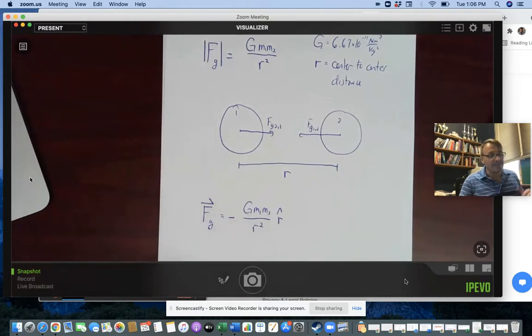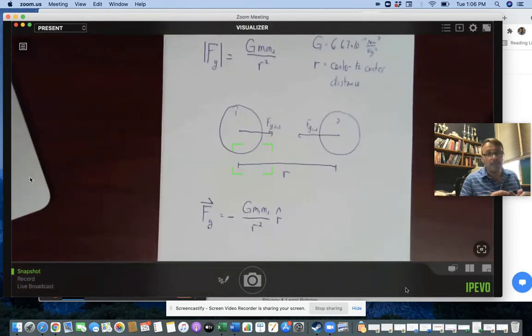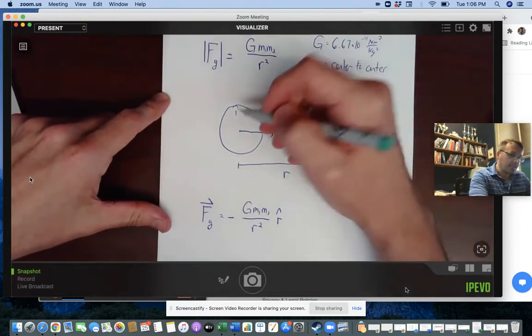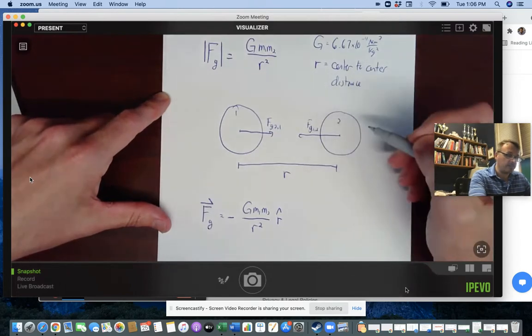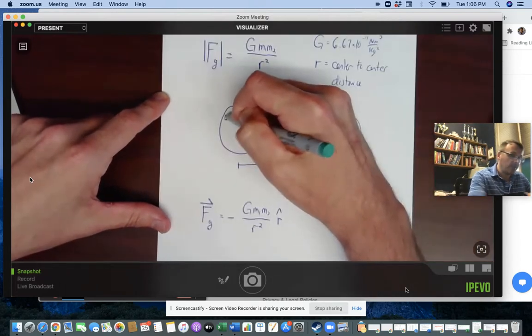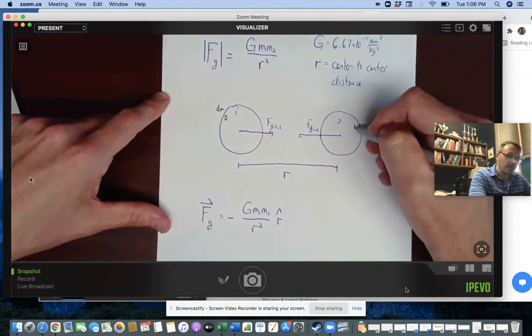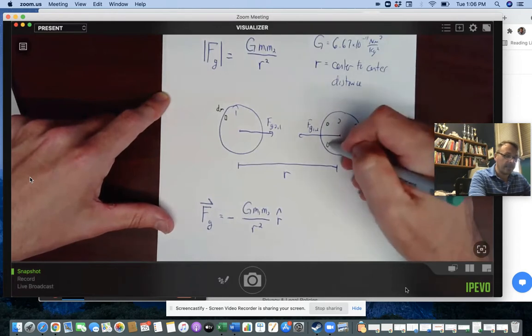But even then, that doesn't do it. Not that this will come up during the AP exam, probably not, but I do want to point this out. Notice here, technically what's going on is every little bit of this mass is attracting every little bit of this mass. So some little bit of this mass, say here, dm, is attracting some little bit of mass here, or this and this and this and this.